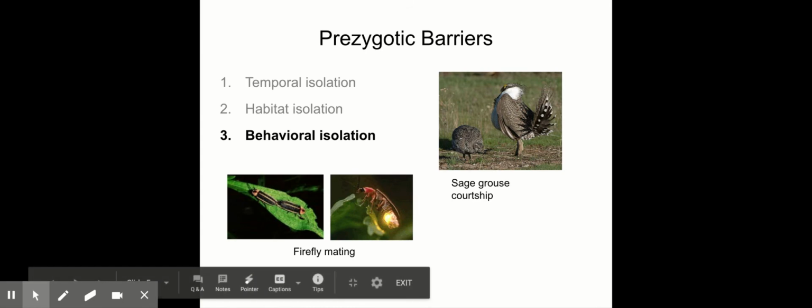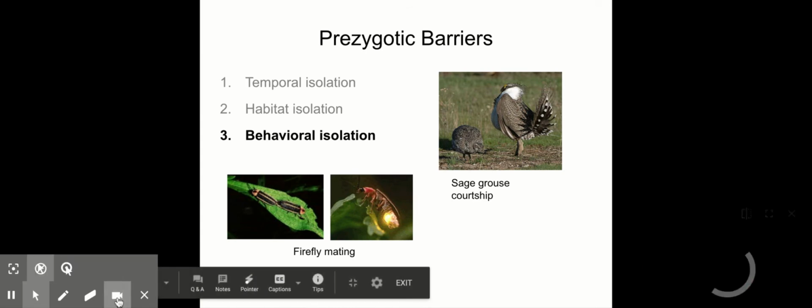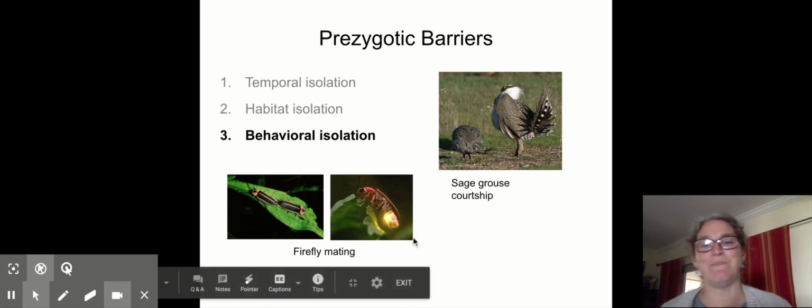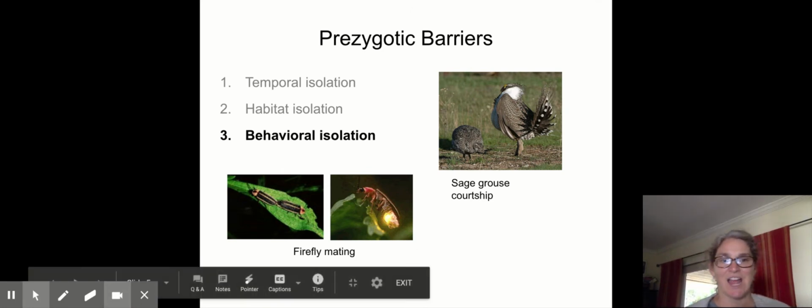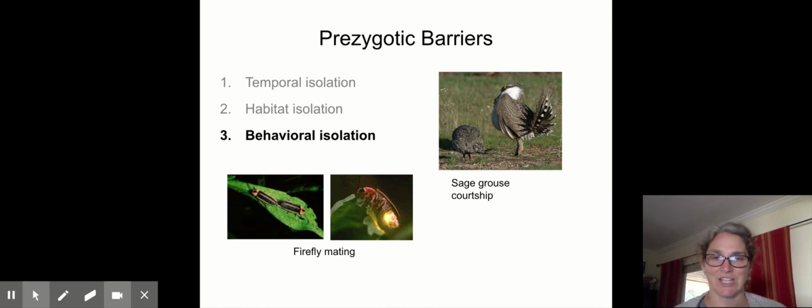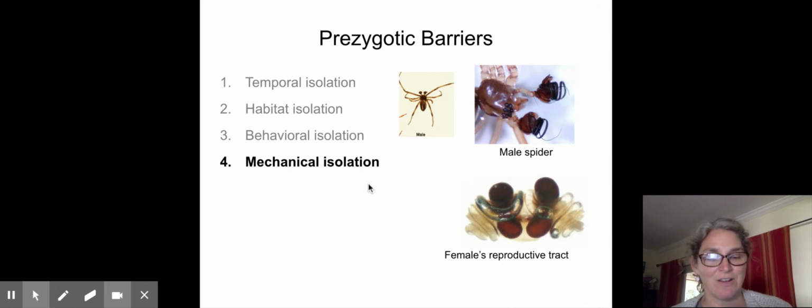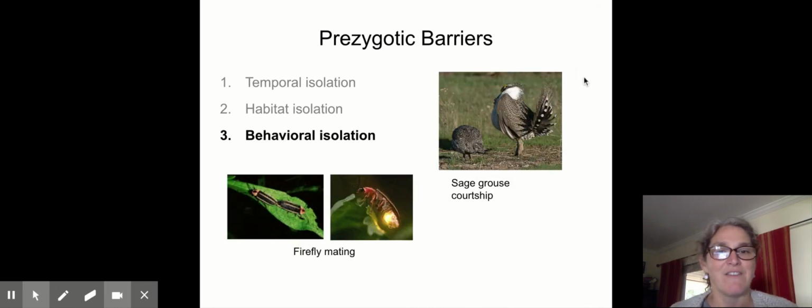This next one is my favorite as a behavioral ecologist: behavioral isolation. This has to do largely with species' mating rituals. Remember when we talked about the sage grouse and the courtship behavior? This is the male sage grouse, and he's not only really fancy, he's also putting on a display for the females.